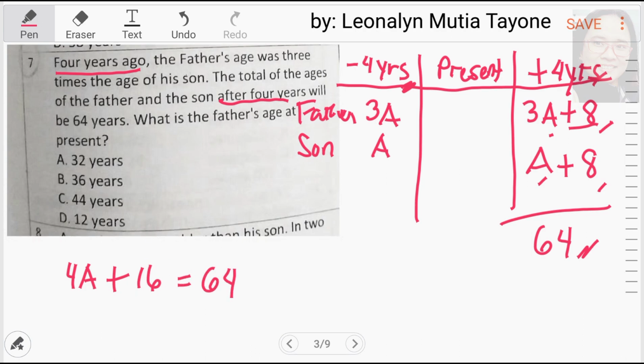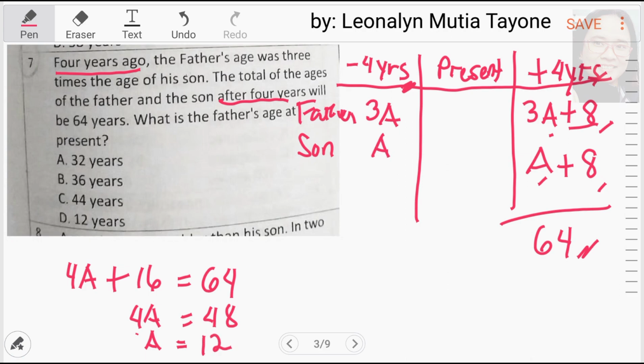Tapos ito si 16, i-transpose natin sa kabila, 64 minus 16, and that is 48. 4A. Para ma-isolate natin si A dito, itong si 4 pang divide sa 48. So, 48 divided by 4, and that is 12.